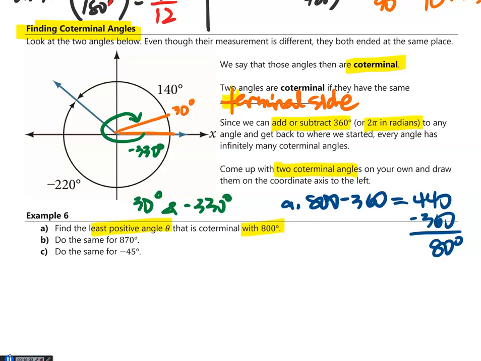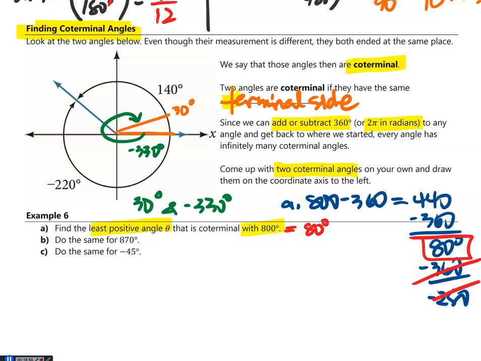And if we continue that, 80 minus 360 is going to be negative 280 degrees, but we want a positive angle, so you don't need to do this. So 80 degrees is the same thing as 800 degrees.